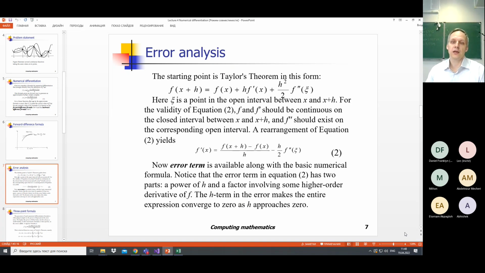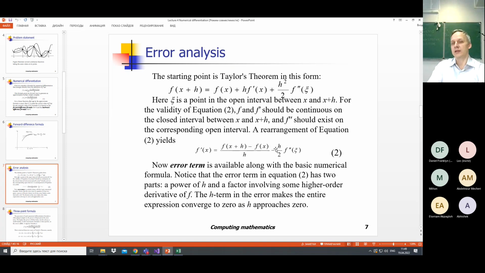the value of the function at the point x plus h can be written using Taylor's theorem. f of x plus h equals f of x plus h f prime of x plus h squared over 2 times the second derivative at some inner point xi. So xi is a point between x and x plus h.